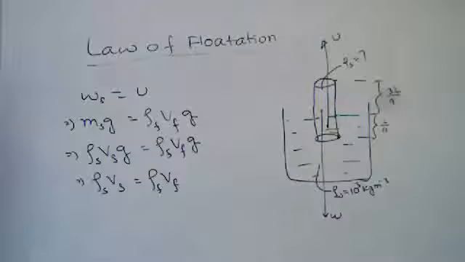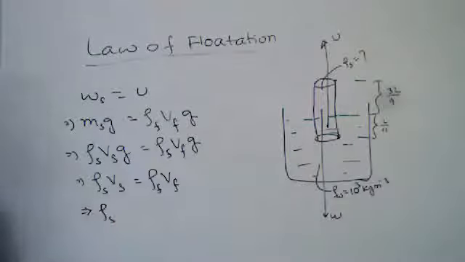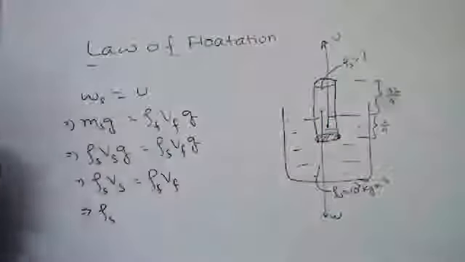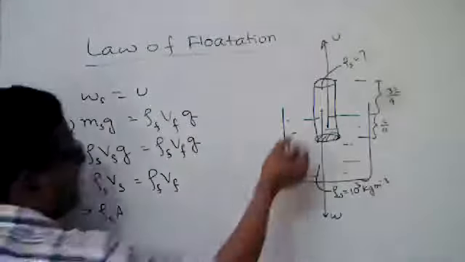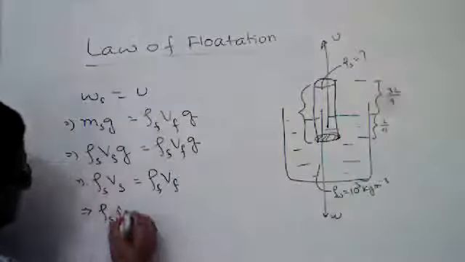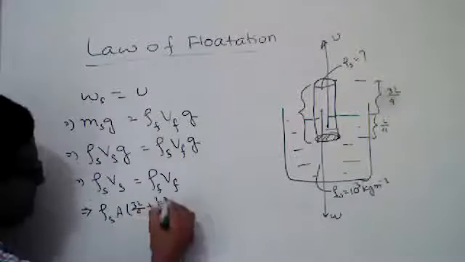We do not know the value of rho S and VS. Suppose the cross-sectional area of the cylinder is A, and the height of the cylinder is 3L by 4 plus L by 4.